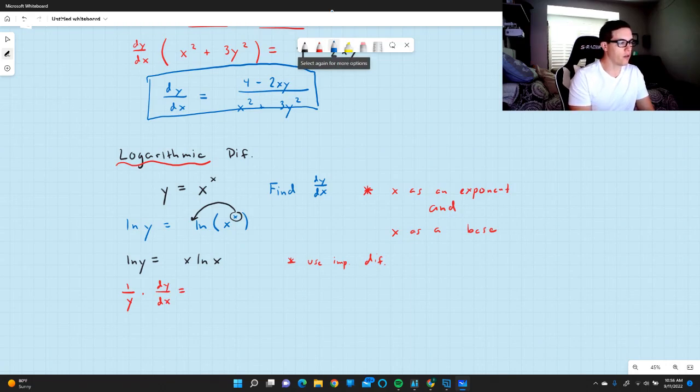This is a product rule on the right, so derivative of x is 1 times original second, plus derivative of natural log x, which is 1 over x, times original first. So we get 1 over y dy over dx equals natural log of x plus 1.